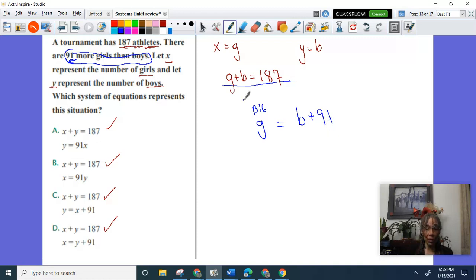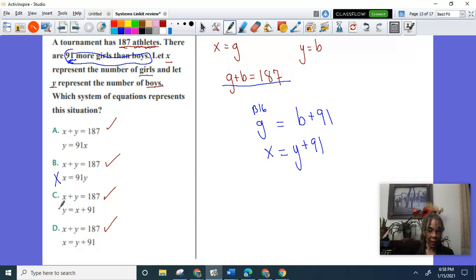So now I have 2 equations. Okay, I made a mistake. G is X, so let me change that to X equals, and B is Y. X equals Y plus 91. I should be able to find that in my second equation. It's not that one, and it's not Y equals X plus 91.